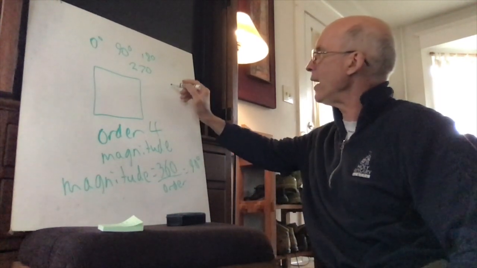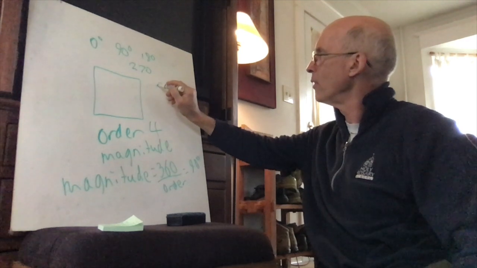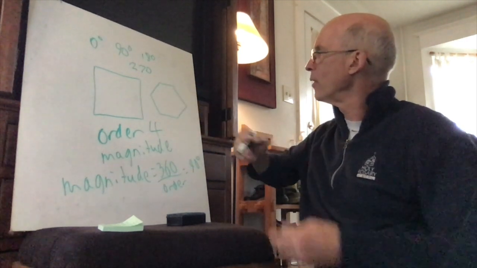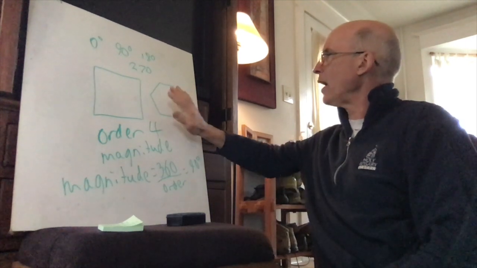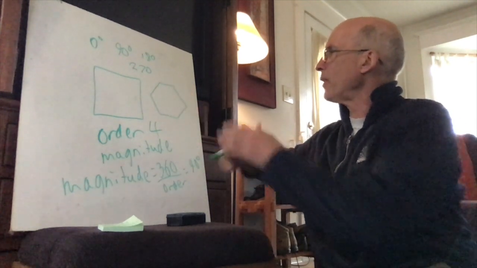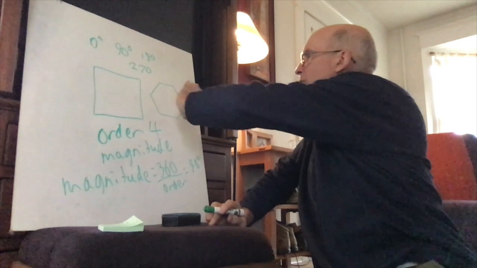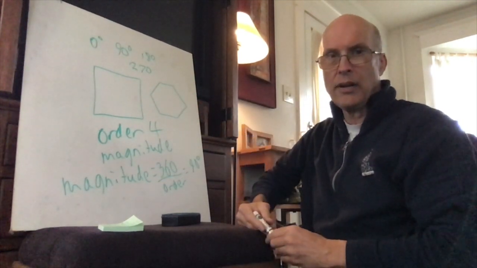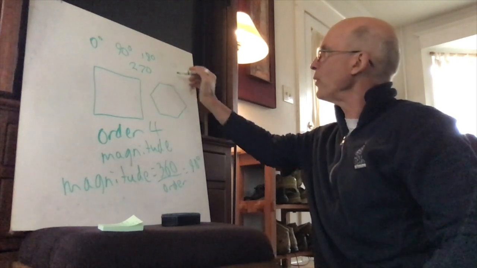Think about if I had a hexagon. Well, you can look at that and you can see, okay, if I rotate it 45 degrees, it's not going to be quite right. But if I rotate it 60 degrees, it would map onto itself.